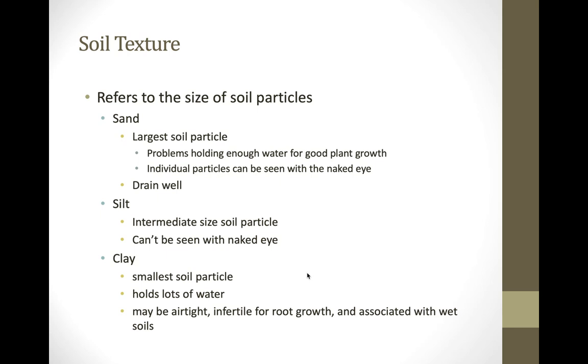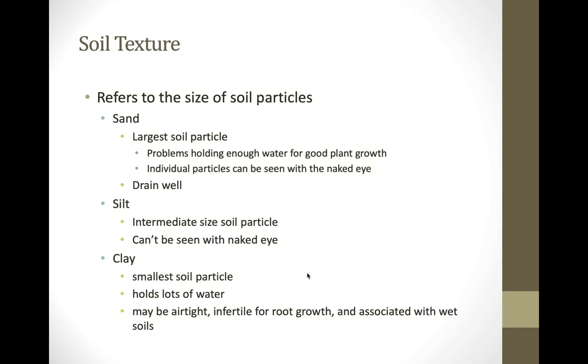The next size is silt. If we were thinking about the size of silt in normal terms, this is kind of an intermediate size. You can't actually pick out one piece of silt with your naked eye like you can with these sand particles. If the sand is the basketball, a silt particle would be something more like a tennis ball.